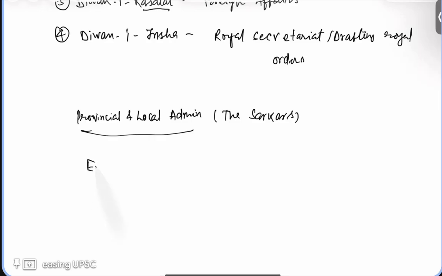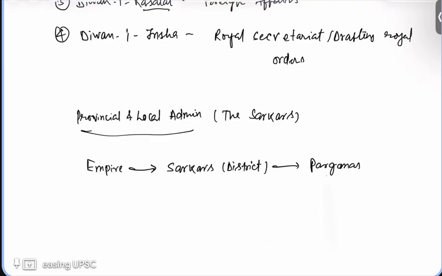So empire, then Sarkars, that is districts, then Parganas. UPSC recently asked this question about Parganas, in the last 2-3 years I think.